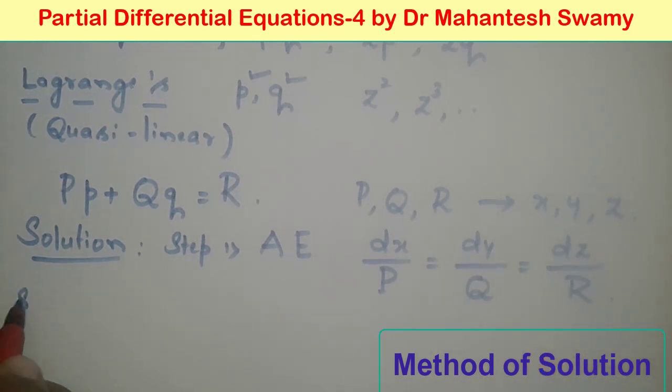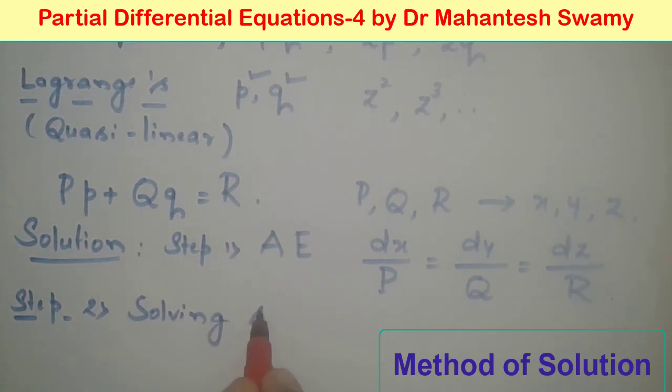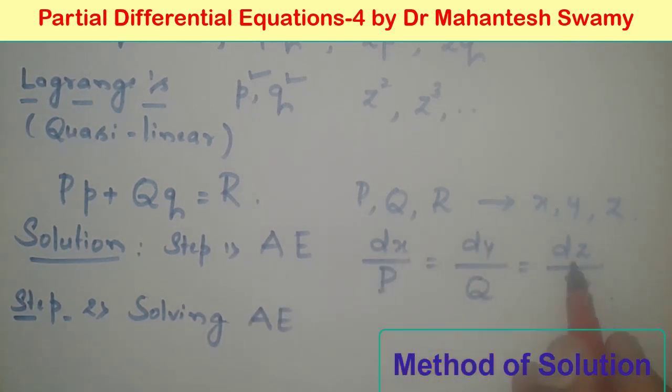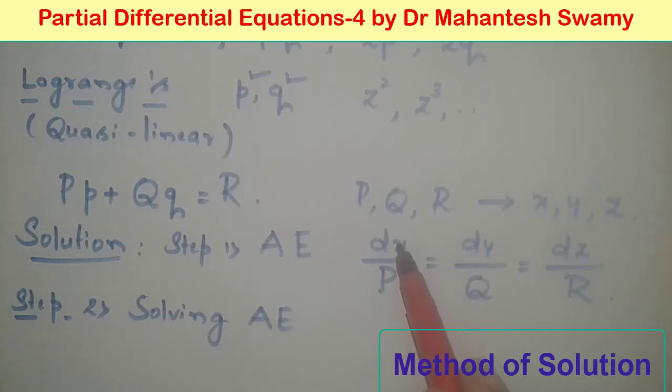Now the second step is the most crucial, most important step, that is to solve the auxiliary equations. Solving the auxiliary equations is an important job. This we have studied in the previous chapter. Here we have to consider pairs of members, that is either we can consider the first and second member, or second and third member, or first and third member.